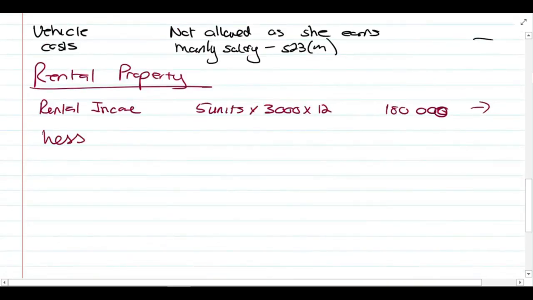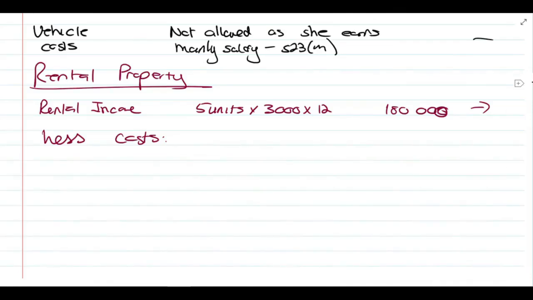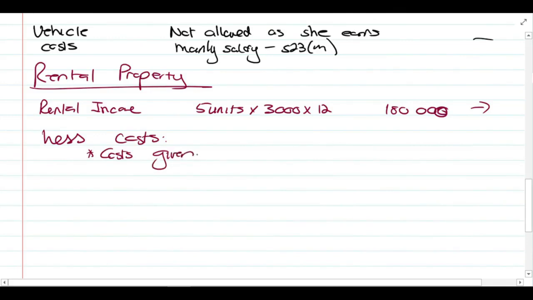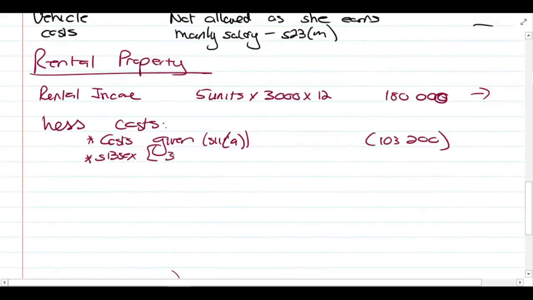Okay, so now we can deduct our costs from the rental income. So they've given us some costs here. Remember, guys, you'd have to consider each of those items there. We've already done that. There's nothing in there like capital or so forth. So we can deduct all of these given costs under section 11A, general deduction formula. 103,200. Now I can do section 13.6. So it's the cost per unit, 325. There's 5 units which are being used as residential accommodation, so being rented out.